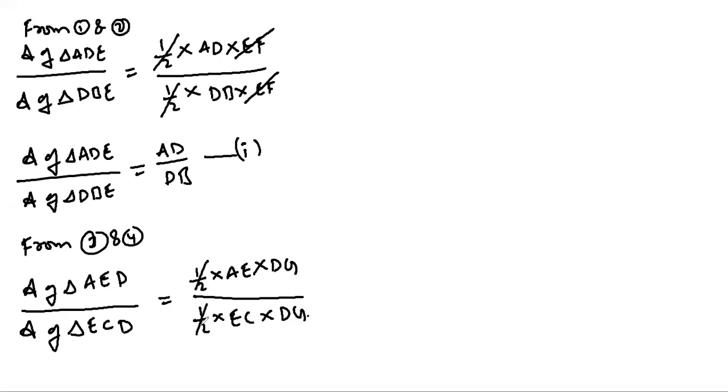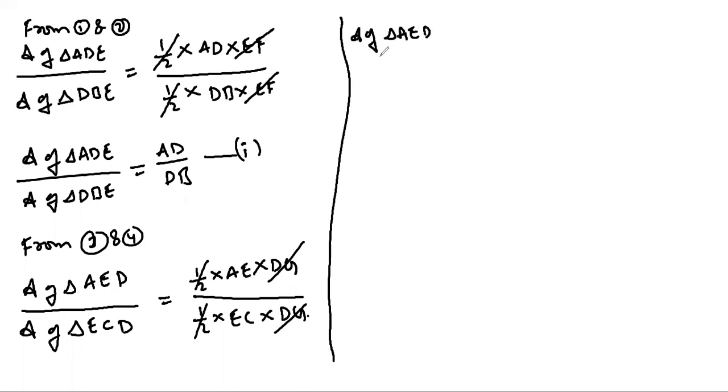So half gets cancelled, DG gets cancelled. So now what are we getting here? Area of triangle AED divided by area of triangle ECD is equal to AE divided by EC. You take this as the second equation.